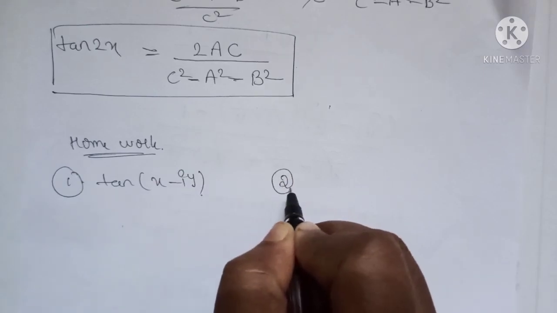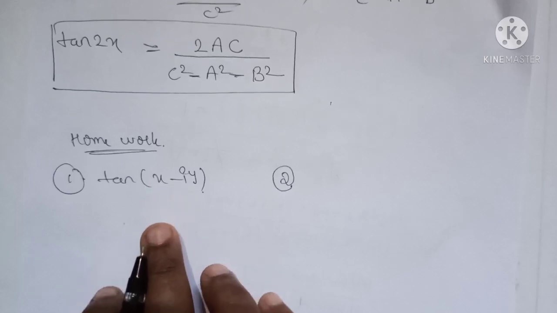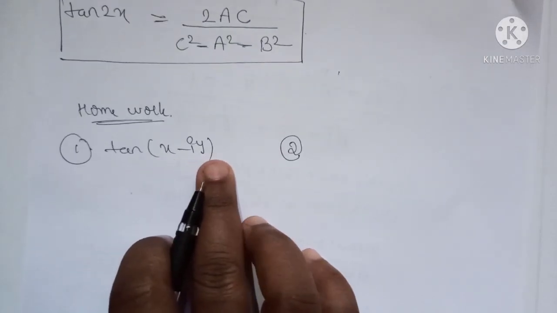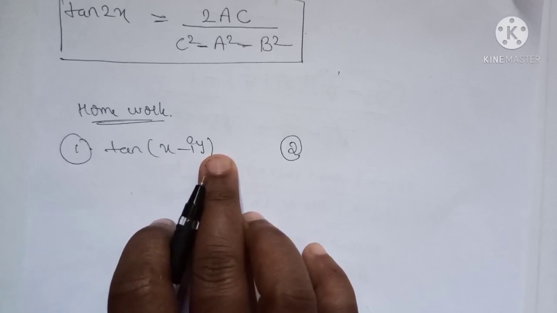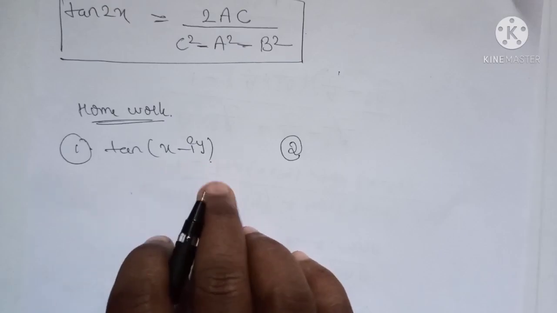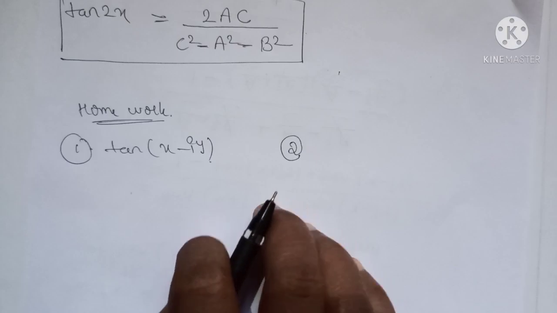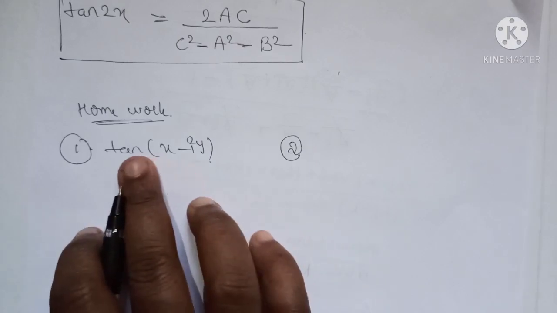Second one, here also you consider it in the form of sine(a − b). So sin(x − iy) divided by cos(x − iy), and divide and multiply it by cos(x + iy), then use the formula, you will get the required answer as you did in the tan(x + iy).